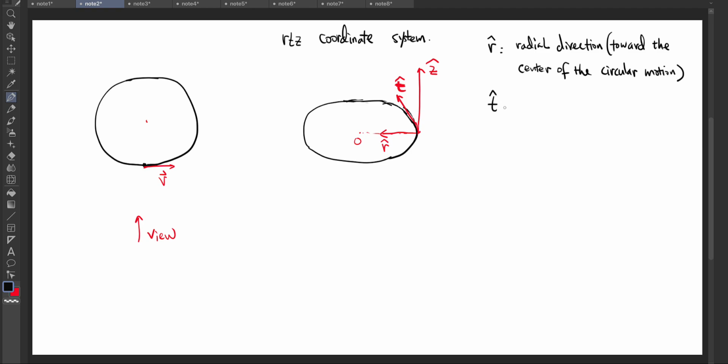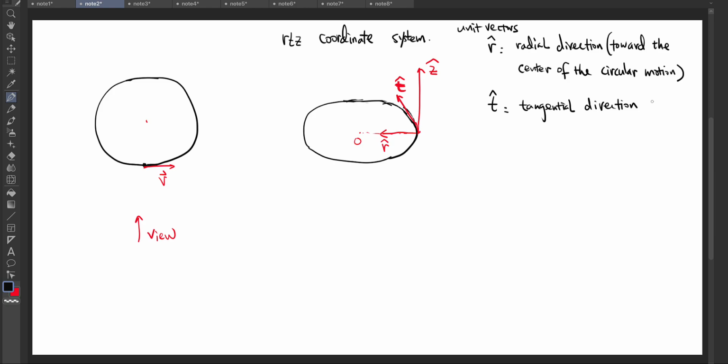T hat is the tangential direction. I forgot to mention they're all unit vectors. Right, it's the unit vector along the tangential direction.